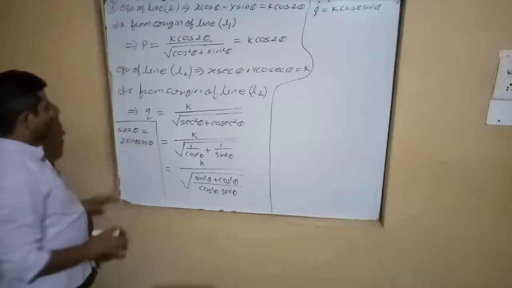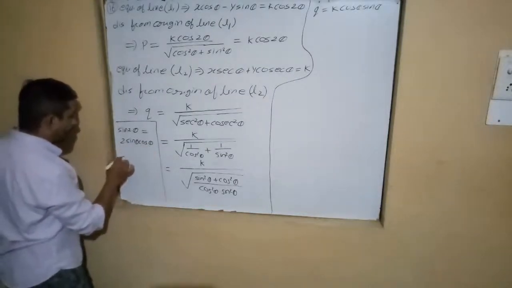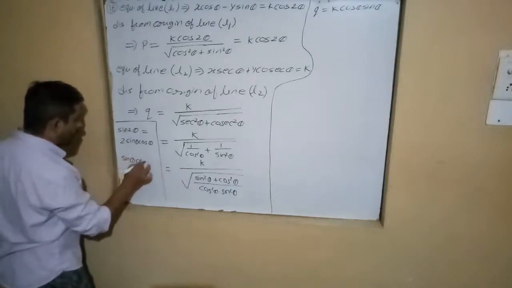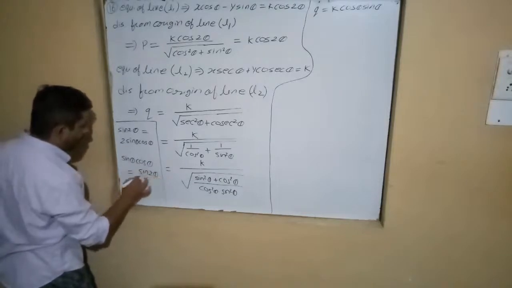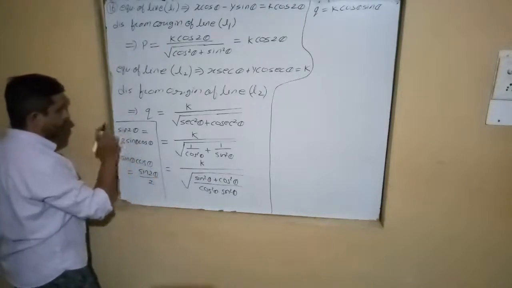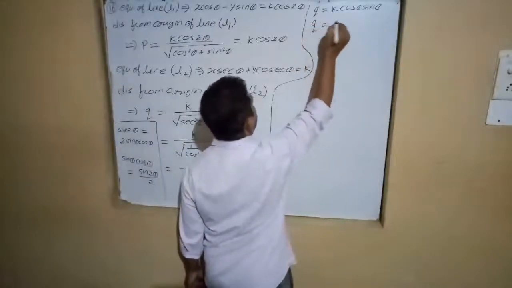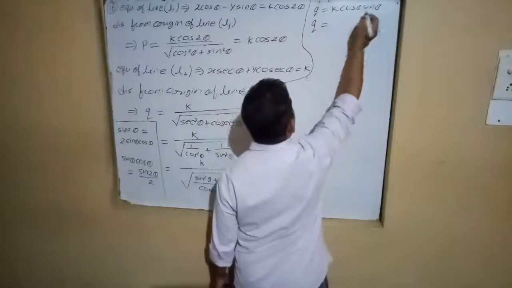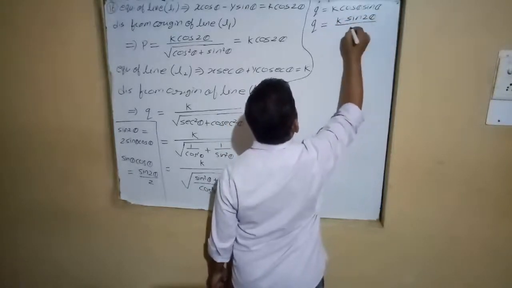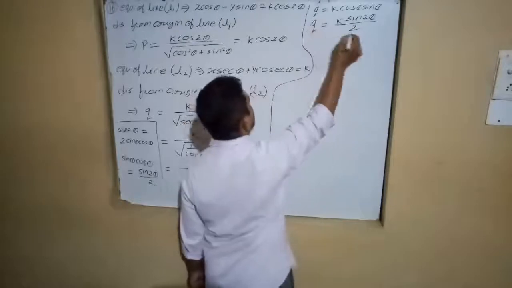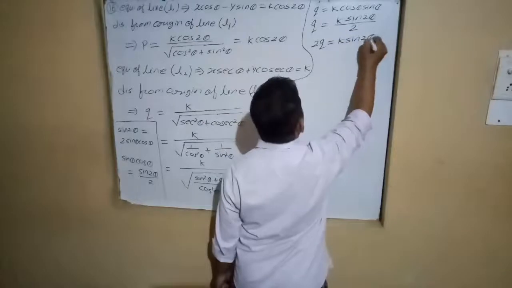So we use this term, sin theta into cos theta, which can be written as sin 2 theta upon 2, from the transposition of this 2. So in place of cos theta sin theta we put sin 2 theta upon 2, so Q is equal to k into sin 2 theta upon 2. Just transpose the 2 to that side. So 2Q is equal to k sin 2 theta.